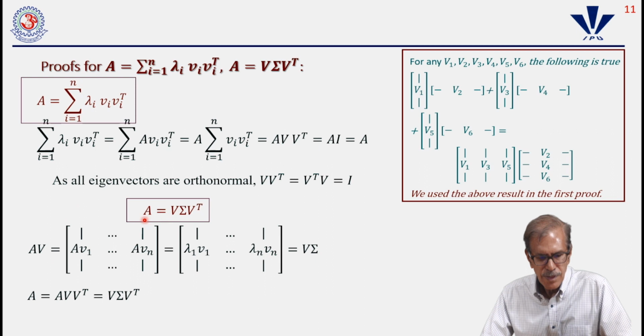Similarly, we have to prove that A is equal to V sigma V transpose, where V consists of, as I just mentioned, all the eigenvectors as columns. So if we write AV, the first column will be AV1, the second column will be AV2, the last column will be AVn.